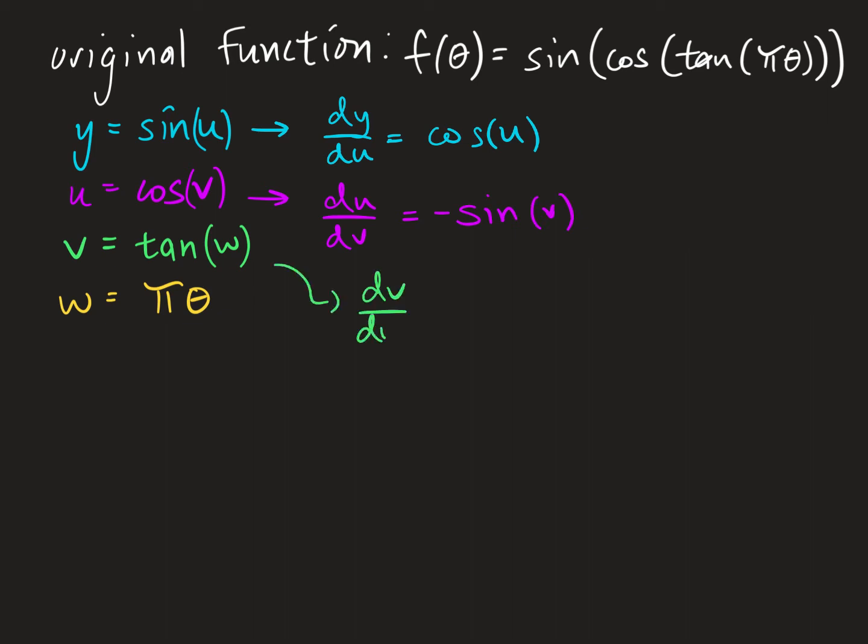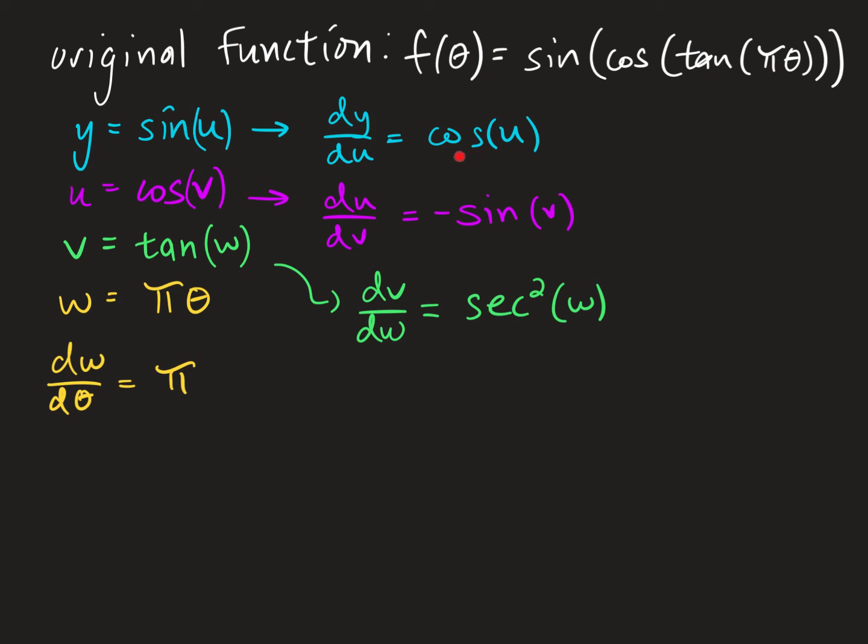dv dw is secant squared w, and of course dw d theta is just pi. So it's good to know that this is what we're working with, and we can go ahead and write all this out, right?